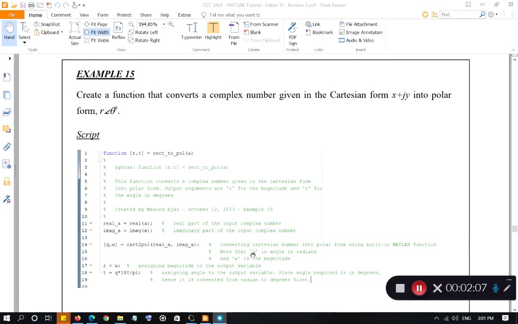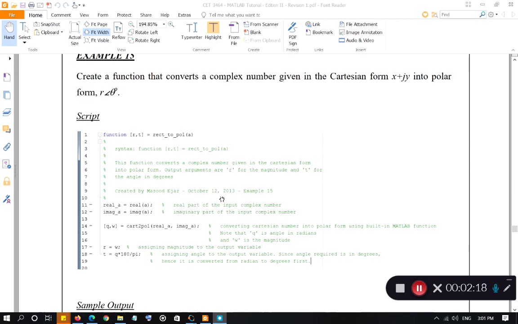Now in this one, there is a condition that I'm putting, that the output angle should be in degrees, not in radians. So I extracted the real part of the input and the imaginary part of the input in two variables, and then I used the built-in MATLAB function called cart2pol.